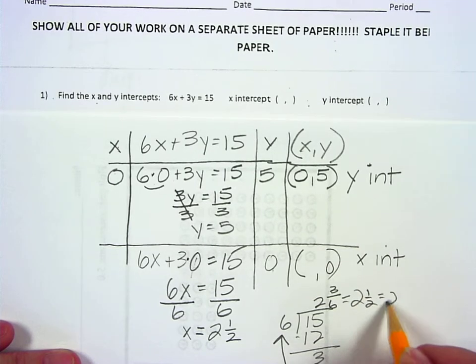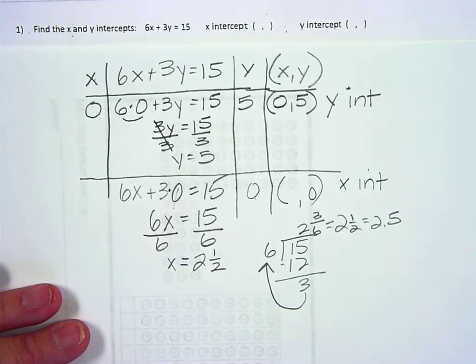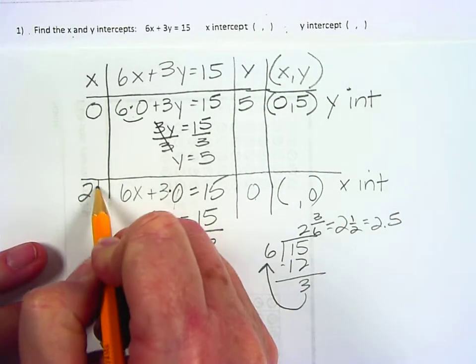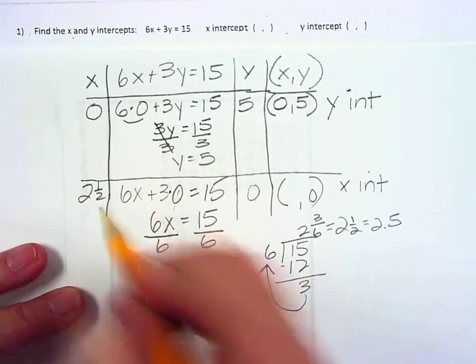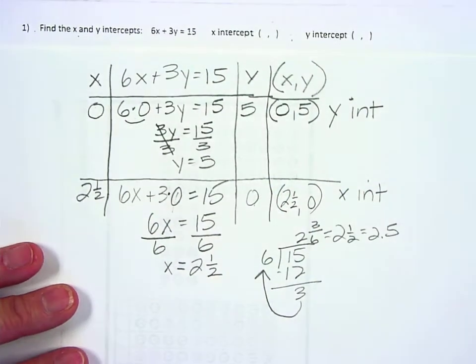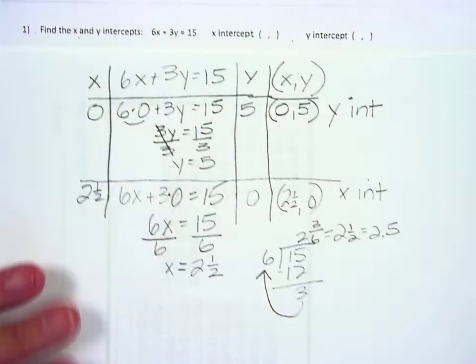Now don't freak out just because your x-intercept isn't a nice whole number. It's not a big deal. So your x-intercept is 2.5, or (2.5, 0). So you just found your x and y intercepts, and you have to know which one is which.